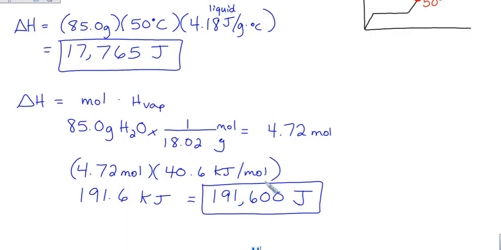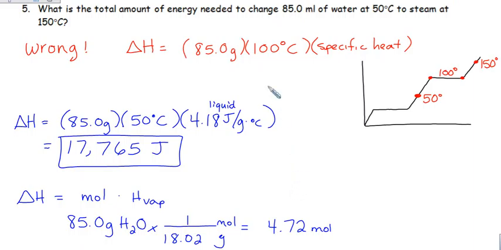That is a significant amount of energy that you're missing out on if you just go mass times a total 100-degree temperature change times specific heat, which, now looking at the graph, what specific heat would you use? For water, there's a different specific heat for the liquid phase and the gas phase, but you're missing out on this phase change.